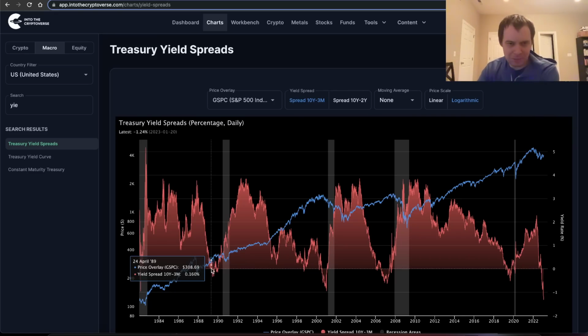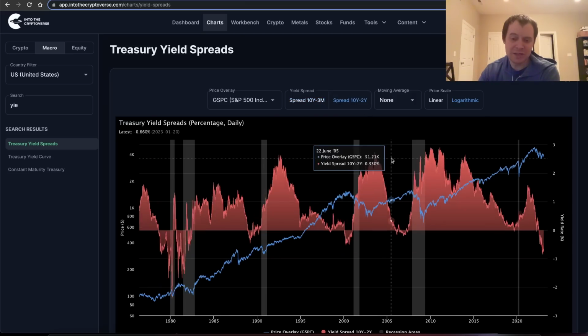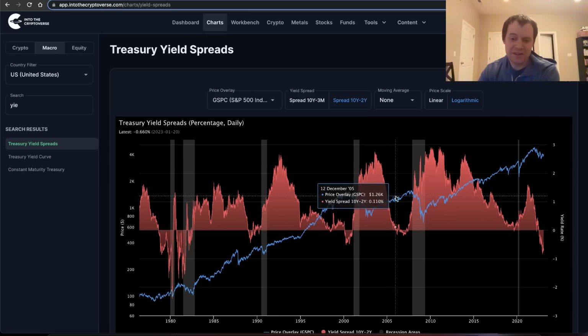But here's the thing that I think a lot of people need to remember about this: it can take a long time to actually see it fully play out. If you looked at the spread on the 2-year and the 10-year, the average lag from a sustained inversion, say for 3 months or so, is about 17 months, I think.